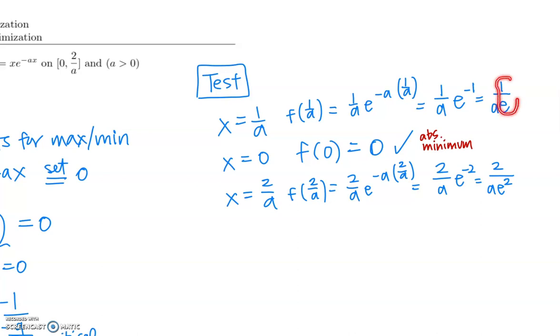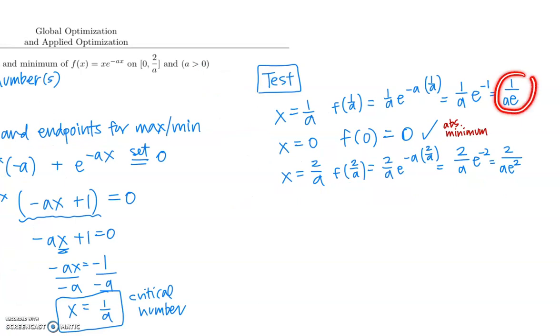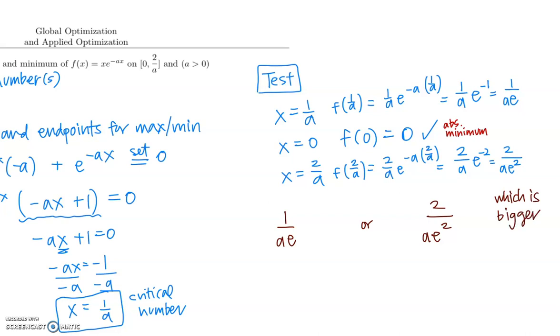So we want to determine which is bigger, 1 over a times e or 2 over a times e squared, because that will be our absolute maximum. We know the maximum has to happen at a critical number or an endpoint. We already know that this guy is a minimum, so we just have to figure out, sort of reasoning through some things, which of these would have to be bigger.